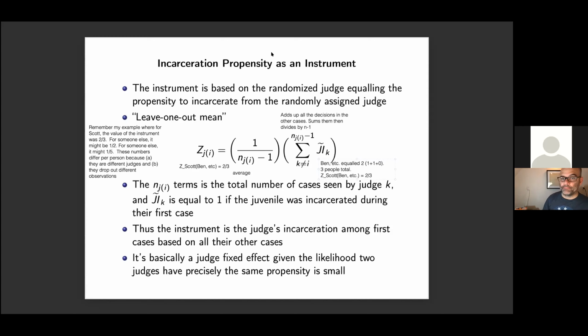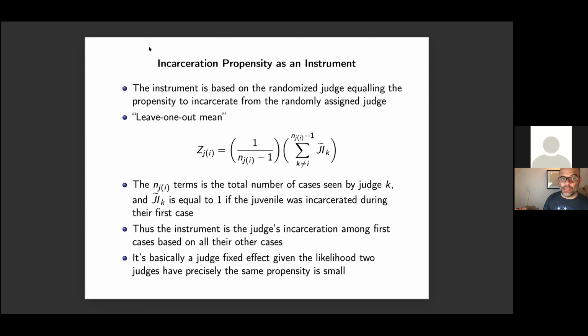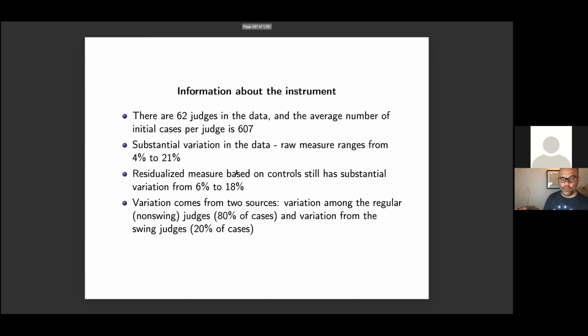All right. And then for Ben, it'll be a different number. For Jill, it'll be a different number, even for that same judge. So even for the same judge, the number can be different, and across judges, the number will be different. So there are lots of sources of variation that come from this instrument. You have 62 judges in the data.